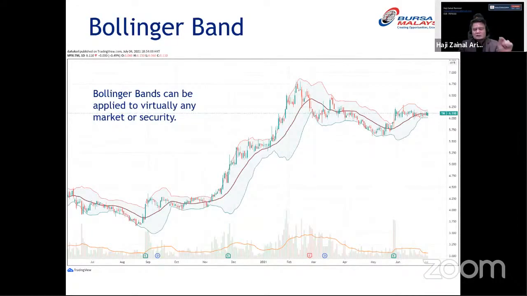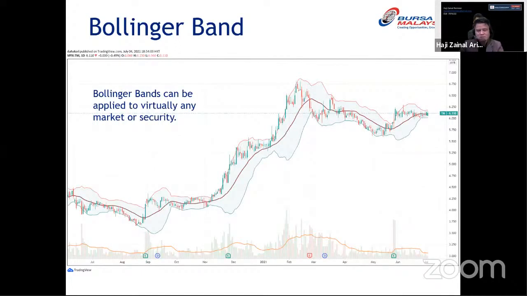The Bollinger Band can be applied to any market or security, whether it is equity, commodity, interest rate, CFD or forex. You can apply the Bollinger Band to any kind of market as long as there is a continuous price.